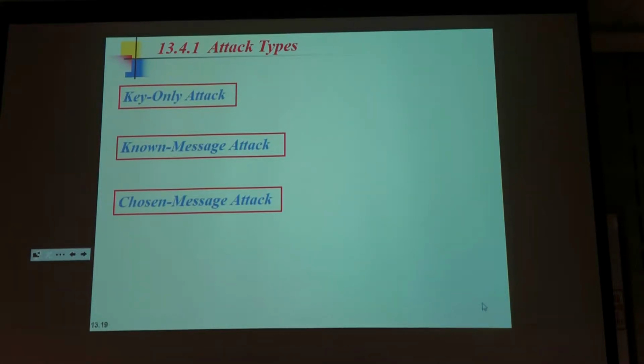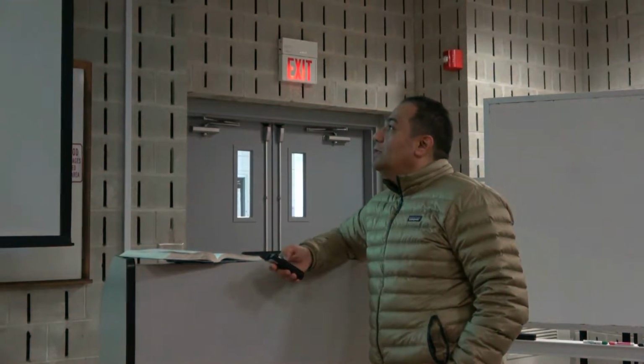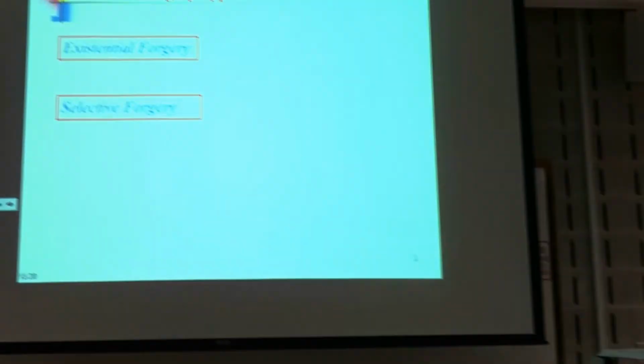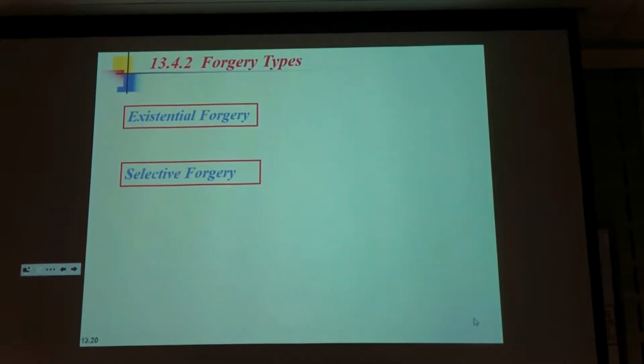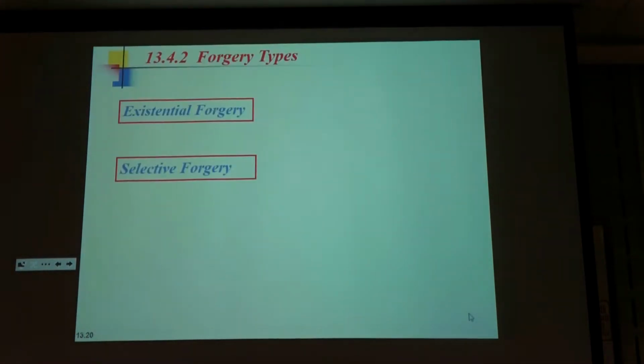That's for attack types. So there are three types of attacks: key only attack, known message attack, and chosen message attack. For forgery types, there is existential forgery and selective forgery.